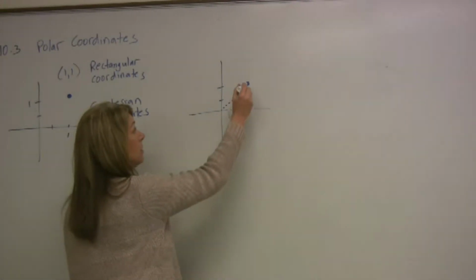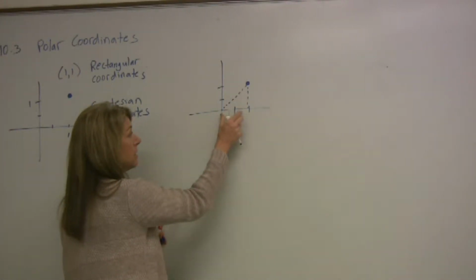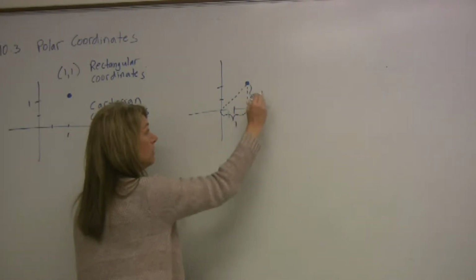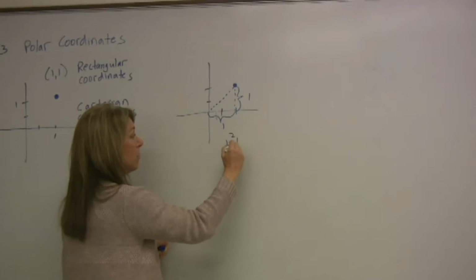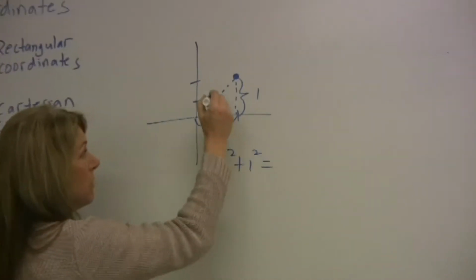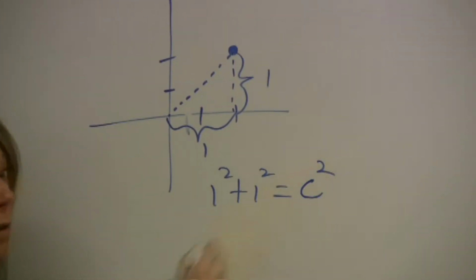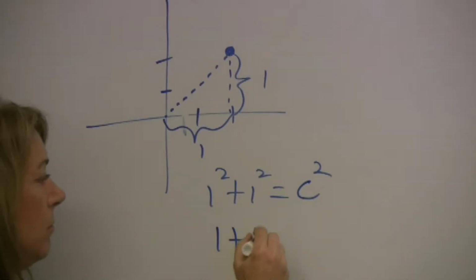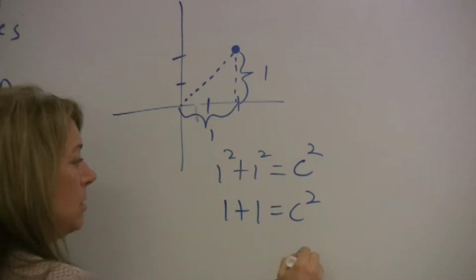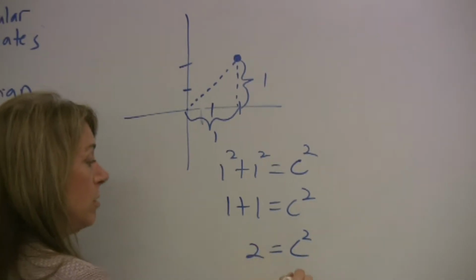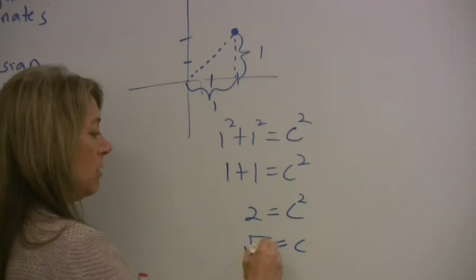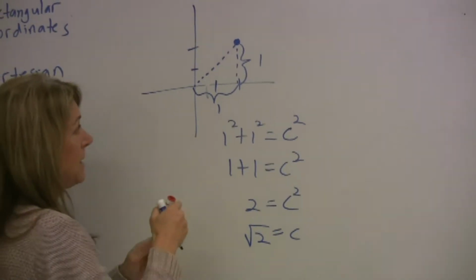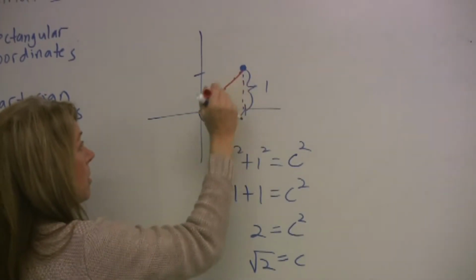So he's realizing that this distance is 1, and this distance is 1, and 1 squared plus 1 squared equals, we'll call it c squared for now if we're doing Pythagorean theorem. So c squared is 2, so c equals square root of 2. So this distance right here is square root of 2.